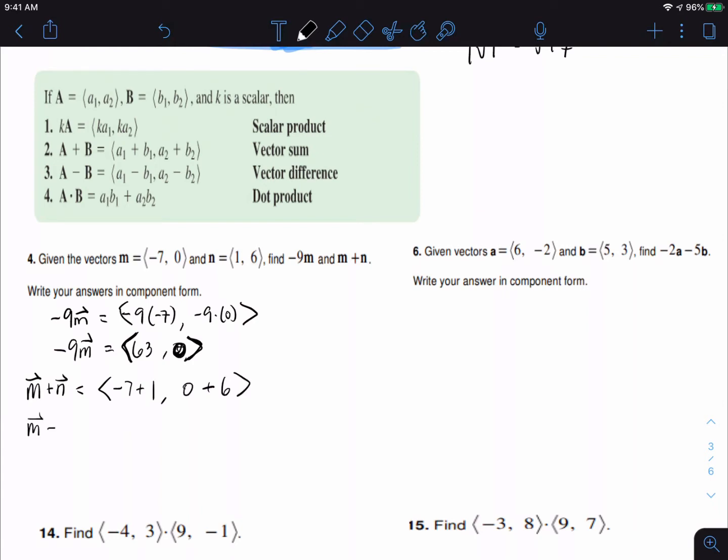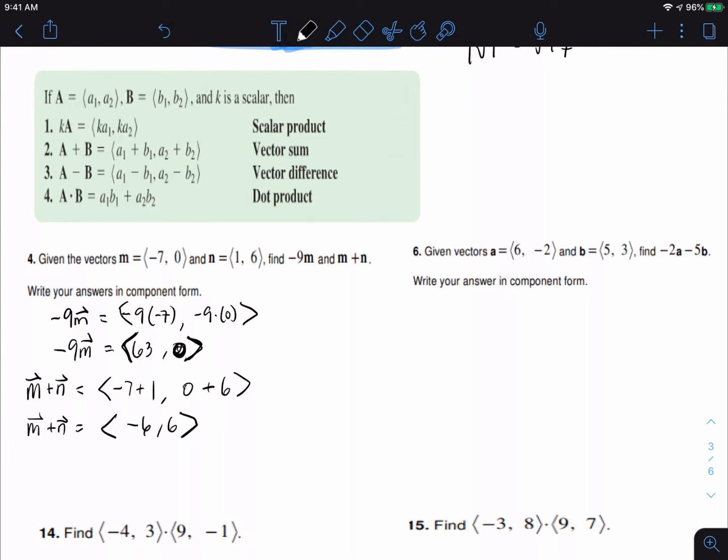So vector m plus vector n, their result is going to be negative 6, comma 6. Does that make sense? That would follow the vector sum.